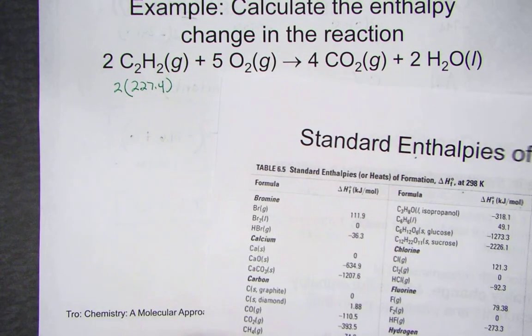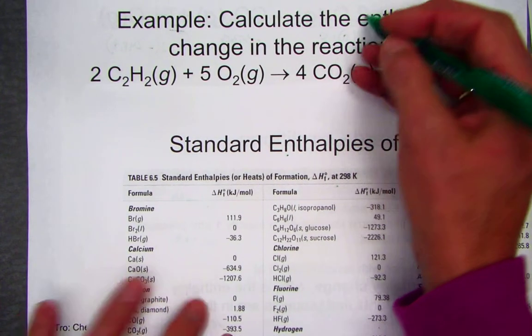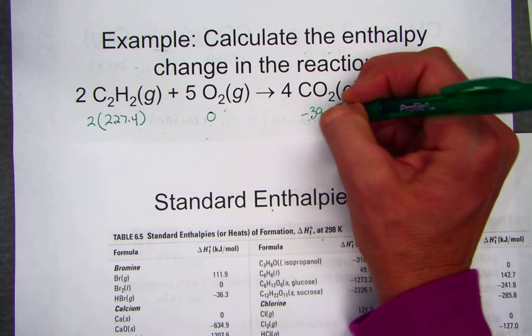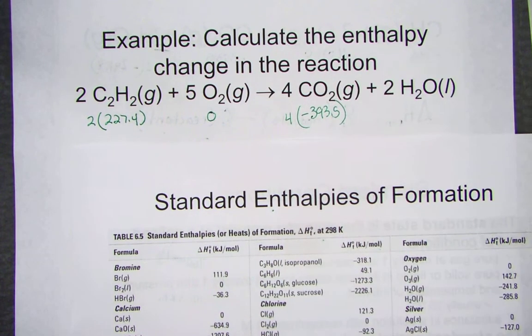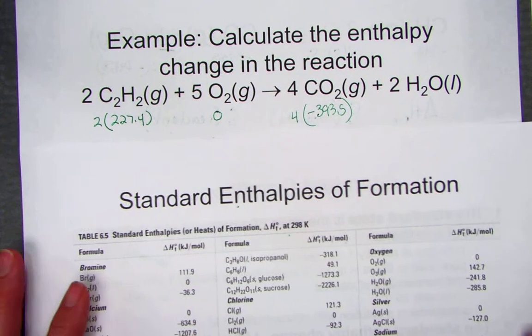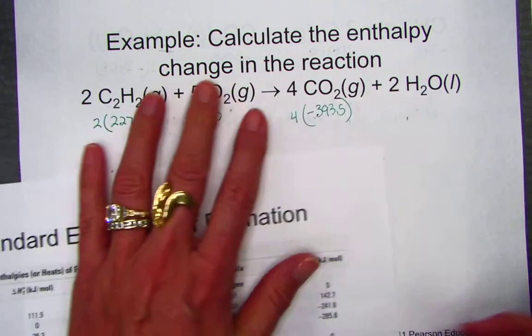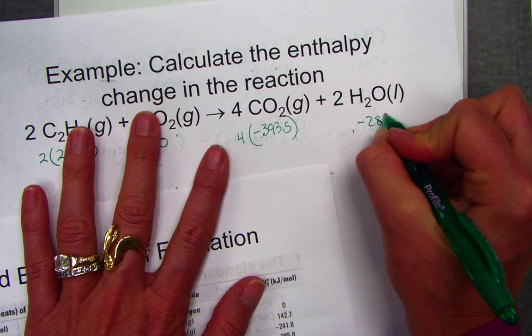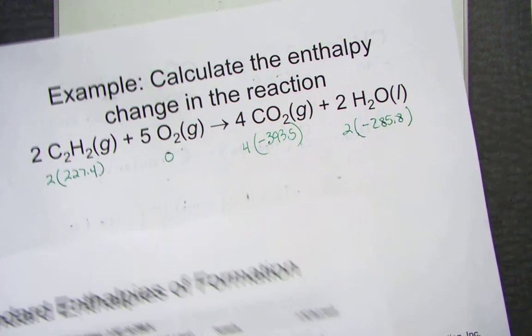Carbon dioxide gas, we looked up, negative 393.5, remembering to distribute a 4 through that value from the coefficient. And now liquid water, negative 285.8. Distribute a 2 through that.